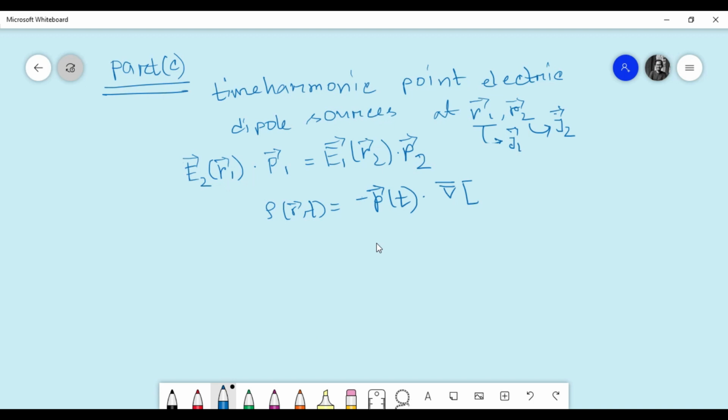And as the point dipole is situated at some position R1, we're going to get a delta function here. So this is the expression for the one dipole. And for the other dipole, we're going to get the charge density like this.